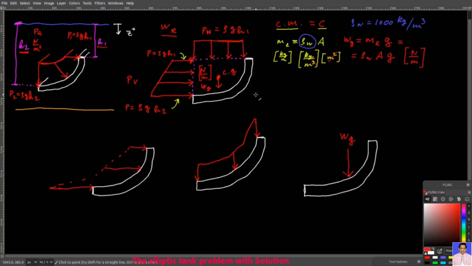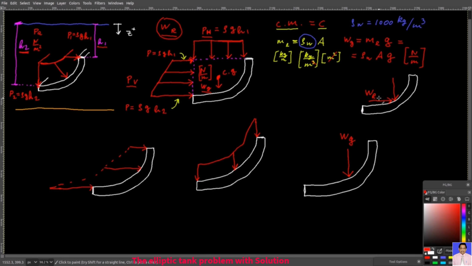It means that if I integrate PH horizontally and PV vertically, and I also add Wg into that mix, then I will get the same total WR that I would get through traditional integration.